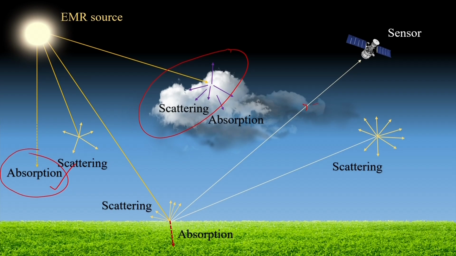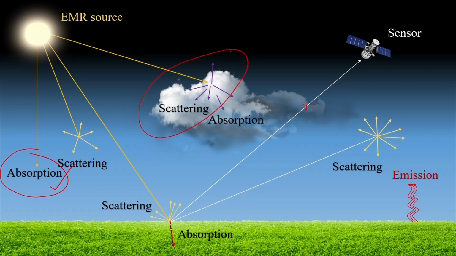Now ultimately we have received the information. This we are talking about the reflective region, where we have reflected energy, and our sensor is active between 0.4 to 2.5 or 3 micrometer, and this is the domain for reflective energy, right?